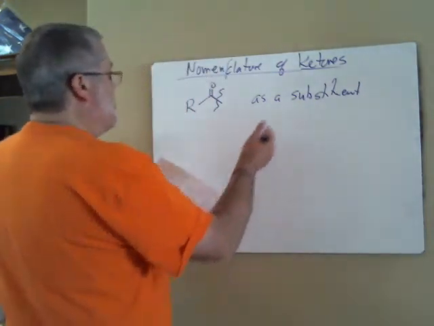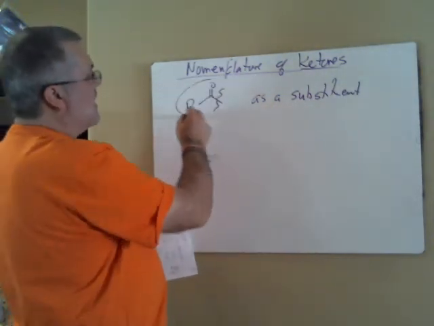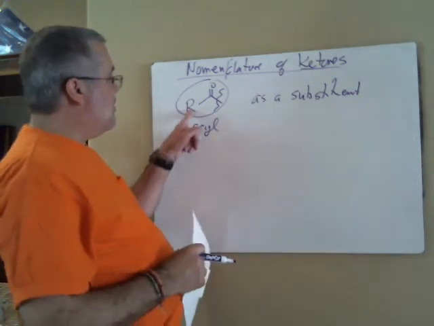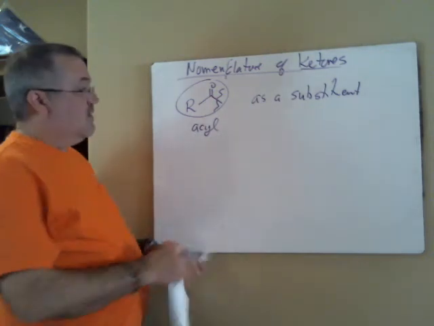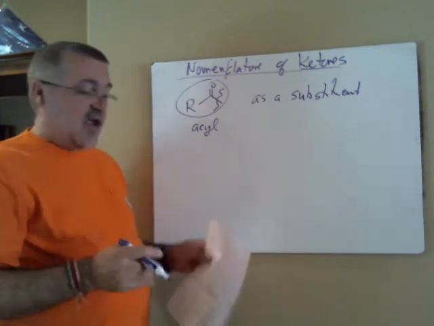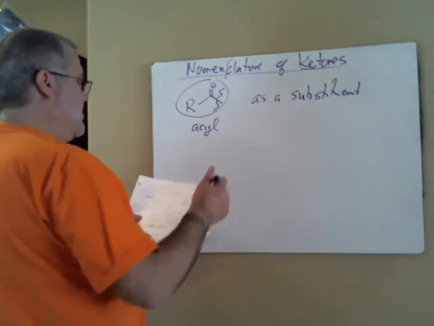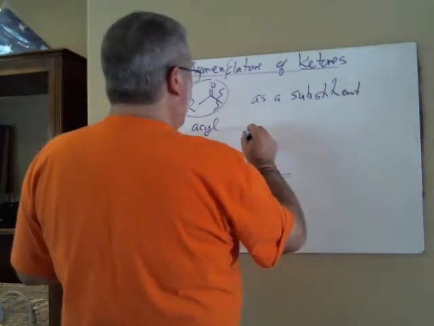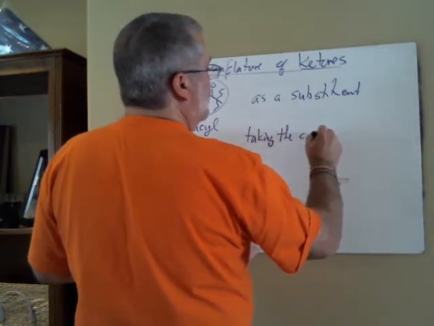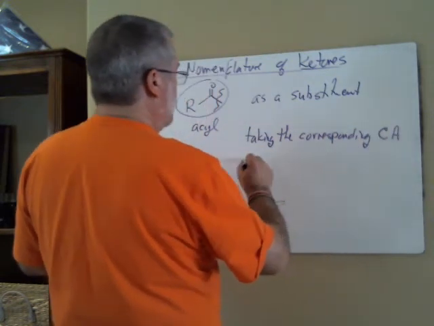Okay? And so basically what we're doing is if you're naming this as a substituent, we all recognize that's basically an acyl fragment, right? It's the alkyl group to a carbonyl. So that is a ketone substituent. It's just the acyl fragment. So that's what we're actually naming. Okay? And it's named by taking the acid name, corresponding carboxylic acid name.